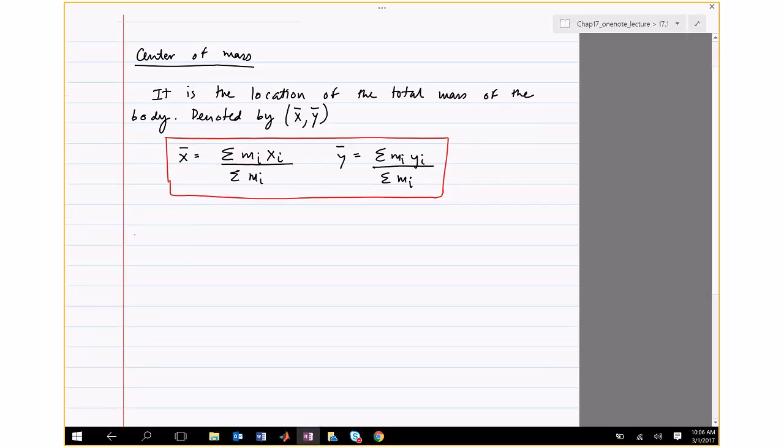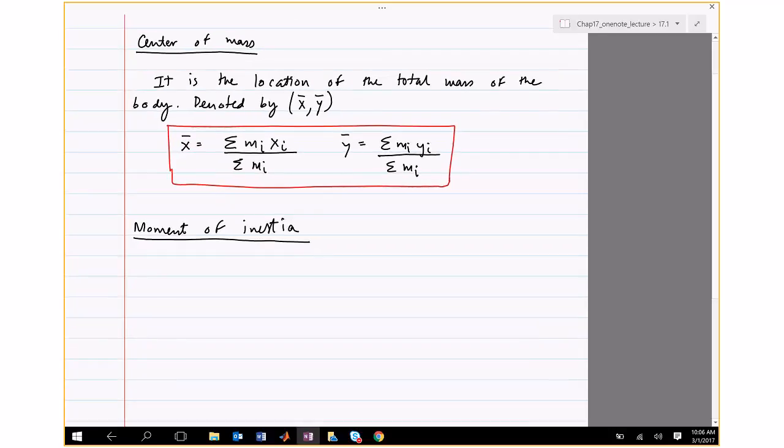Moment of inertia. I'll just define it with a formula. It's really the resistance to rotational motion, just like mass is the resistance to linear motion.